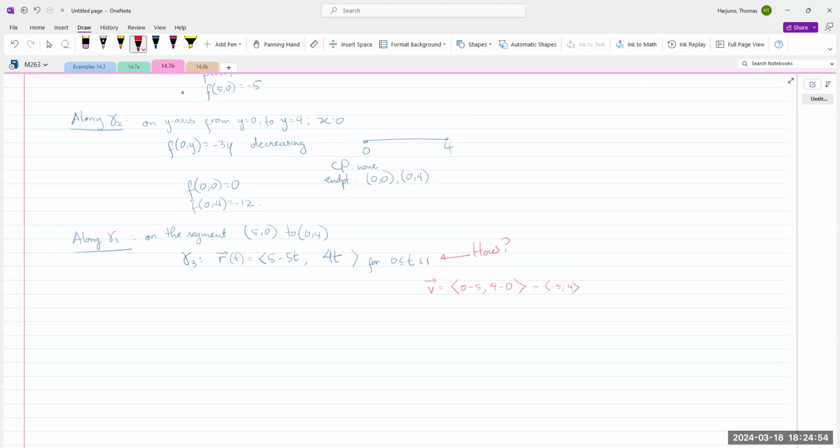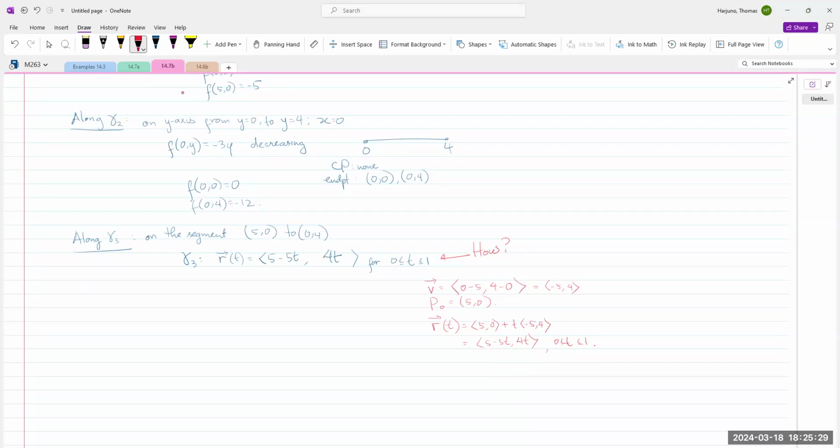The initial point is (5, 0). So we parameterize that by (5, 0) plus t times (-5, 4). That's how we get 5 minus 5t, and then we have 4t here. But because it's a line segment, not a full line, we limit t to move from 0 to 1.